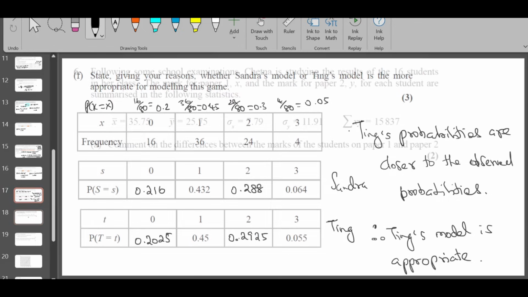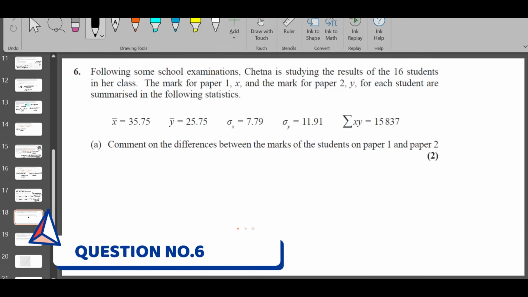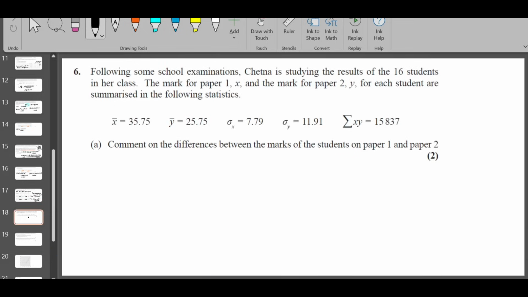That's all. Let's look at question number 6. Following some school examinations, Chetna is studying the results of the 16 students in her class. So N is 16. X is the mark for paper 1, and Y is the mark for paper 2, for each student, summarized below. Comment on the differences between the marks of students on paper 1 and 2. It's a 2-mark question.